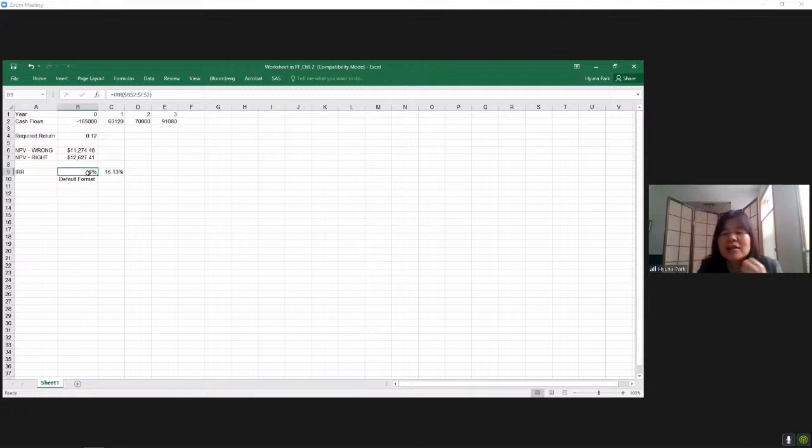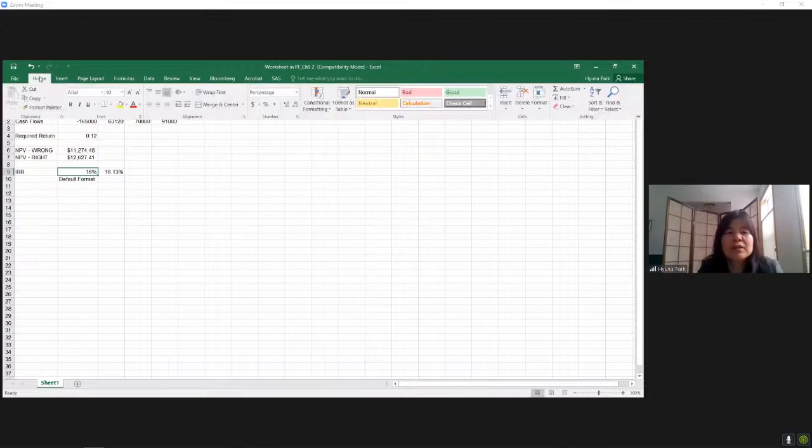But by default, Excel shows the whole number, which is not accurate enough. How to adjust it? Click the home button and click this arrow pointing to the left. It will increase the decimals.